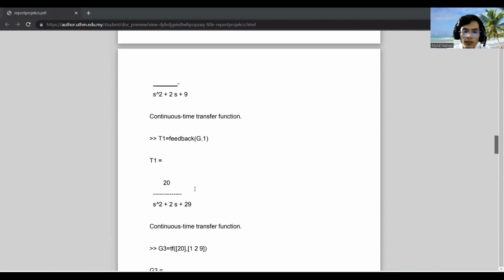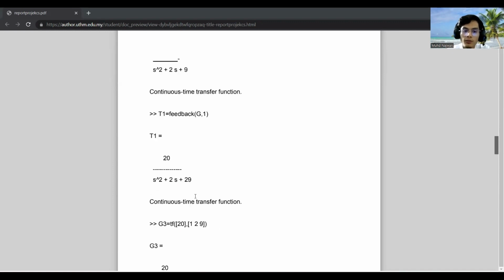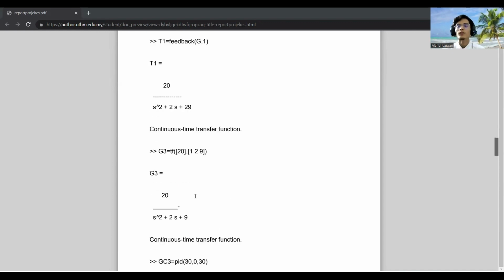So we can get the T1 is 20 over s square plus 2s plus 9. So from this equation, I declare G3 equal TF 20 and 1 2 9. So the G3 will declare it as 20 over s square plus 2s plus 9.